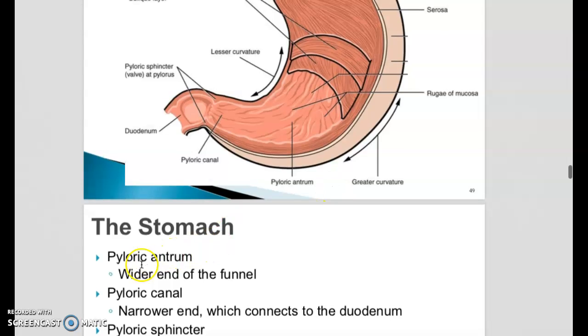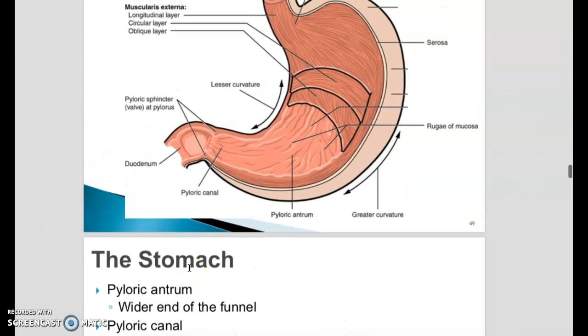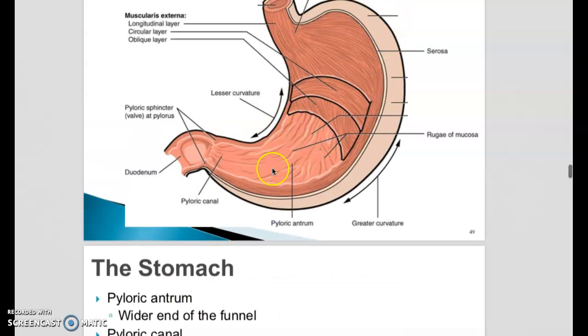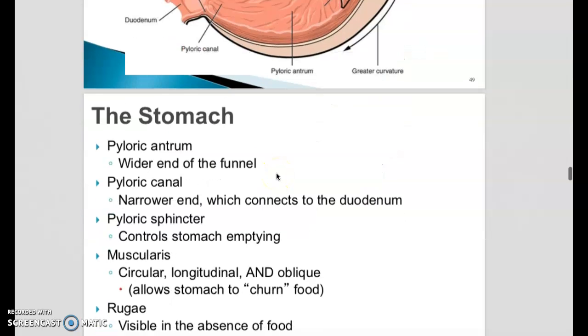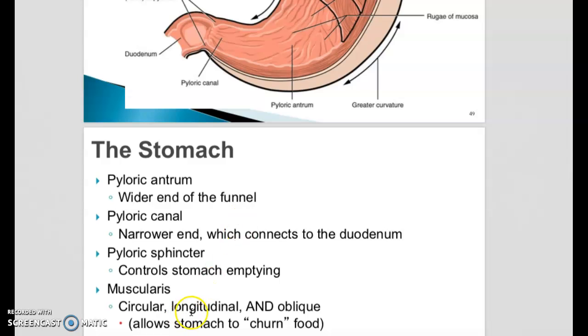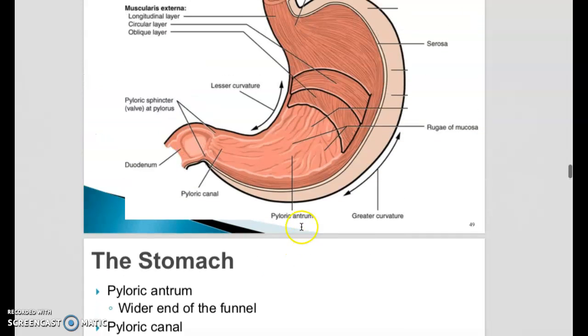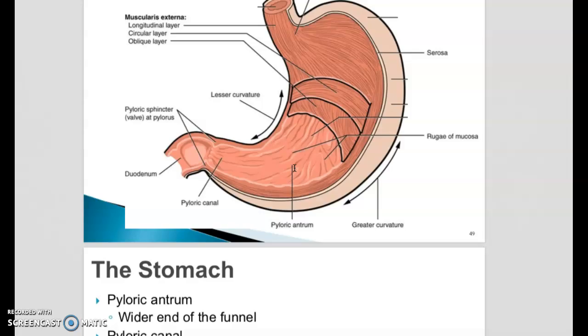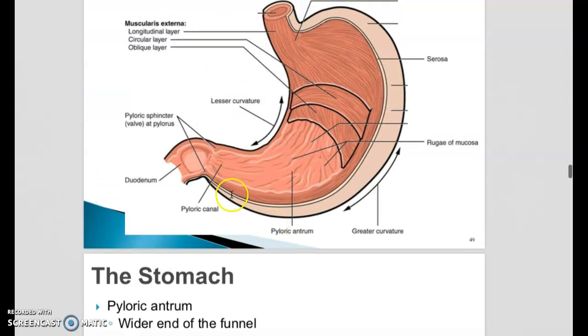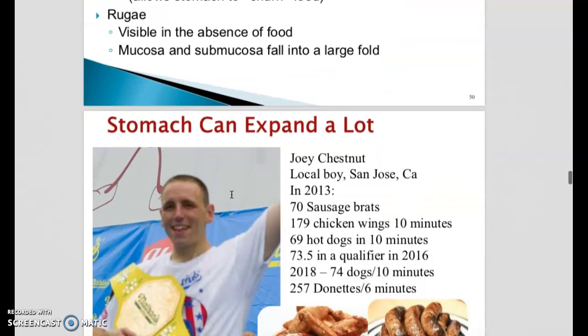Then you can see the pyloric antrum, which is the wider end of the funnel, and how each part of the stomach breaks down your food. The muscularis is circular, longitudinal, and oblique, which allows it to churn your food, break it down, and move it around. And then the rugae are visible in the absence of food.